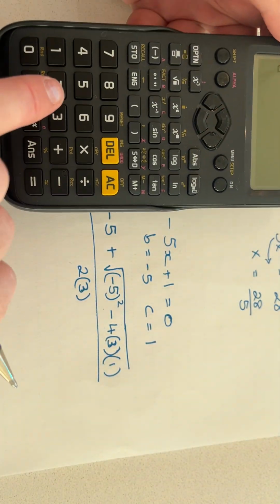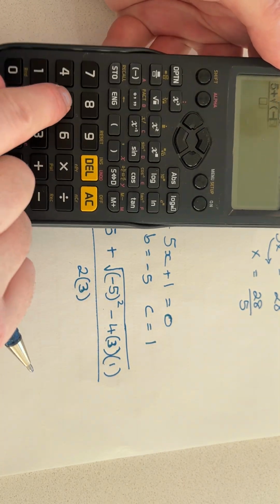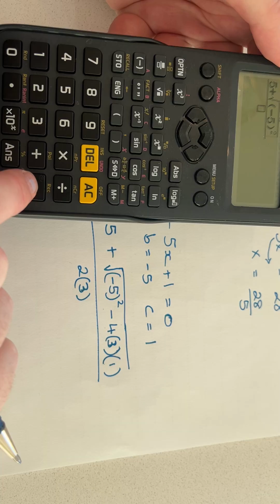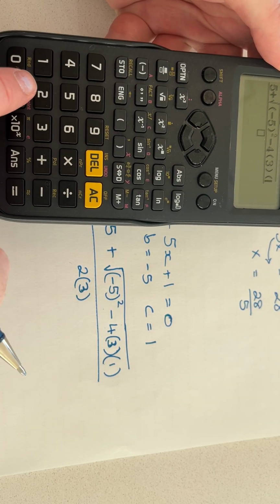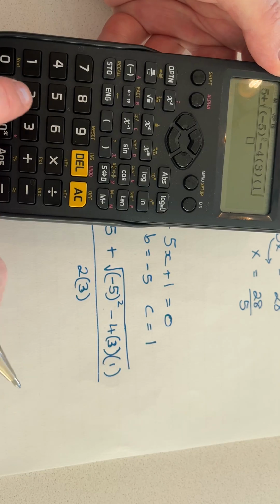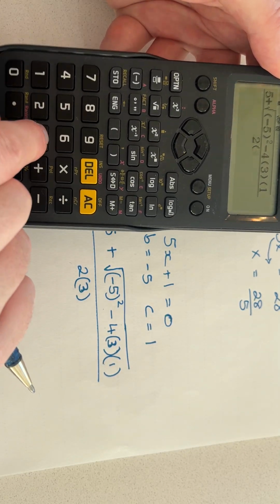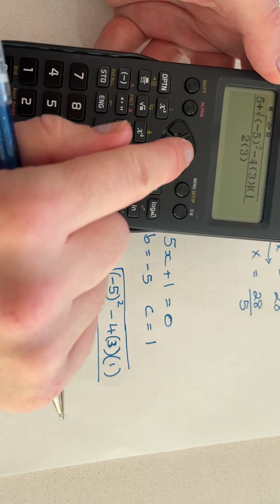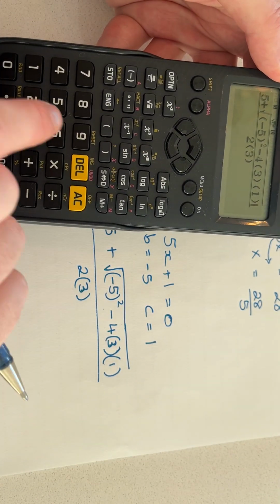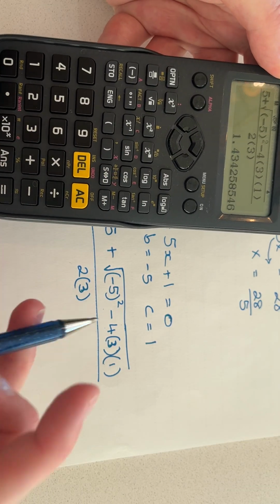Then my plus, the square root of B squared minus 4 times A times C all over 2 times A. Oops, I forgot a bracket there. Okay, and they want me to round off to 2 decimal places.